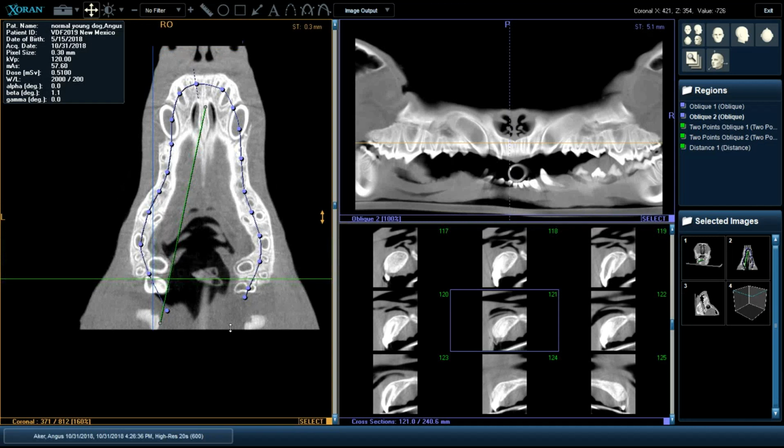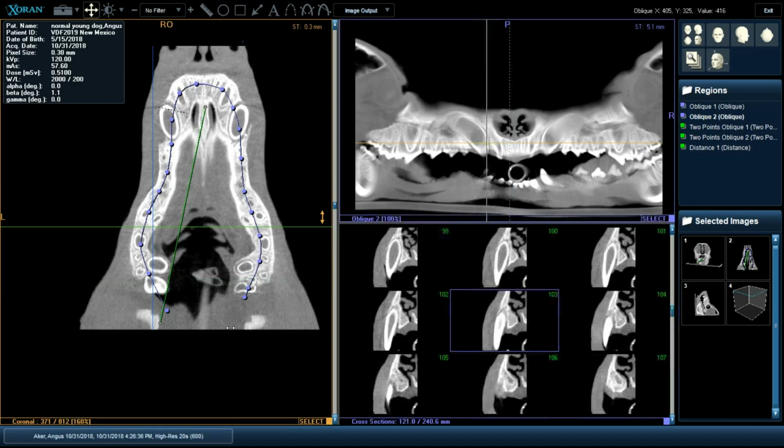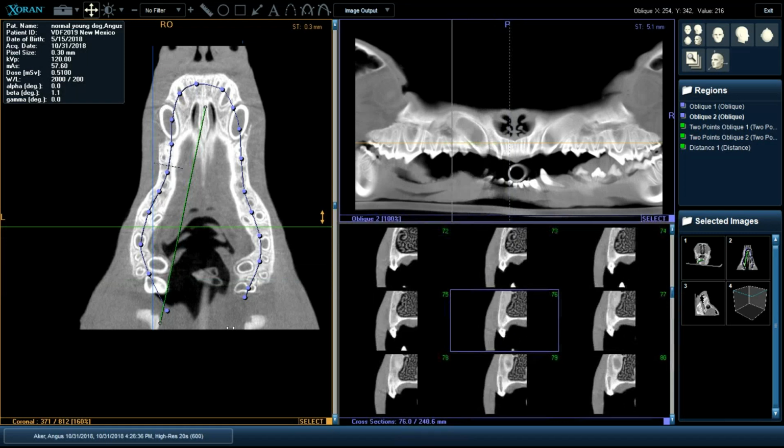The next move, so to speak, is to actually now look more carefully at some details. We can travel through the panoramic view, and when we do that, on the lower right quadrant, we now see cuts of the roots and the teeth as we travel from right to left or from left to right. This is buccal, this is lingual.